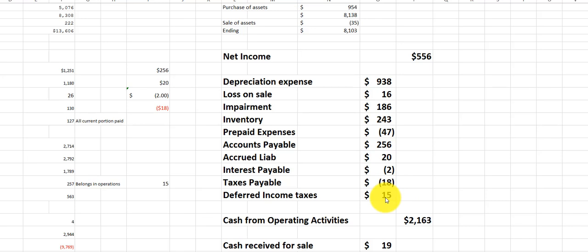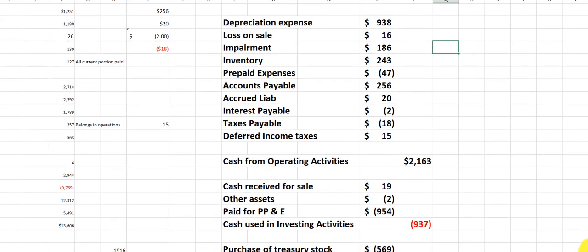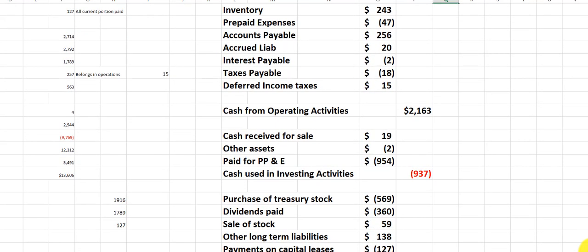And the oddball is deferred income taxes, because while it is a long-term liability on the balance sheet, it is an operating item and belongs in operations, and I made a note to that effect. Okay, so that was an exception, because what we're looking for is operating, not current and long-term necessarily. That's just the easiest way to find them.